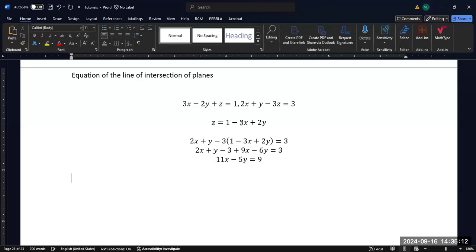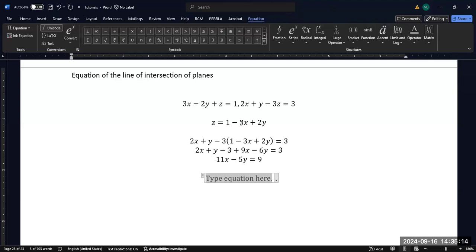And then I'm going to solve for one of the variables. Now, again, it's typical to solve for y in terms of x. So in that case, I would have minus 5y is equal to minus 11x plus 9. And then y is equal to 11 over 5 x minus 9 over 5.